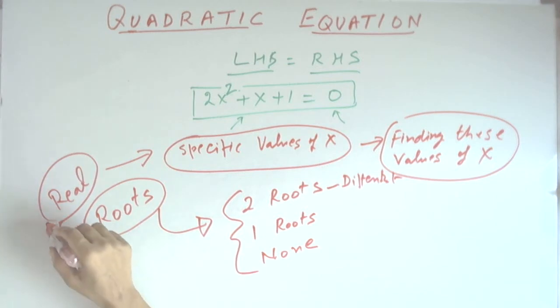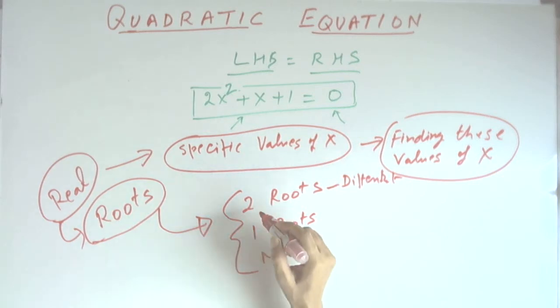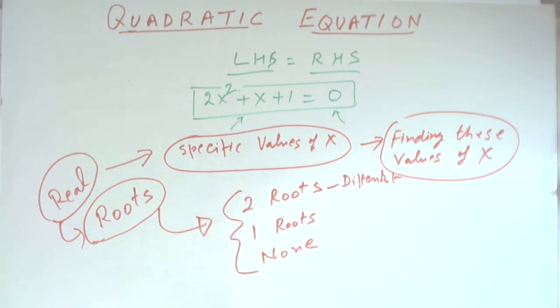We have learned in the number system what a real number is. So it means that in the real number domain, there can be a maximum of two roots.